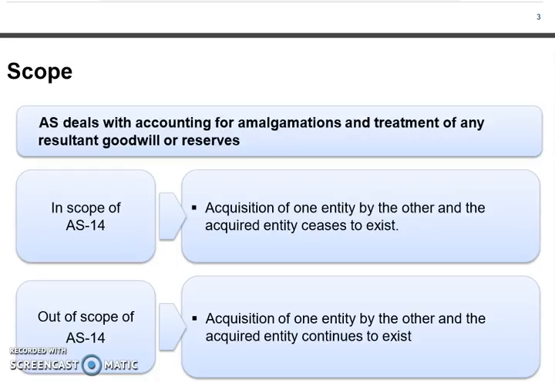So, let us understand with the help of examples. Idea and Vodafone. There is recent news that they would be merged as one entity. Either one of them would go, or both of them would go, and a new entity would be formed. So that is what is amalgamation.